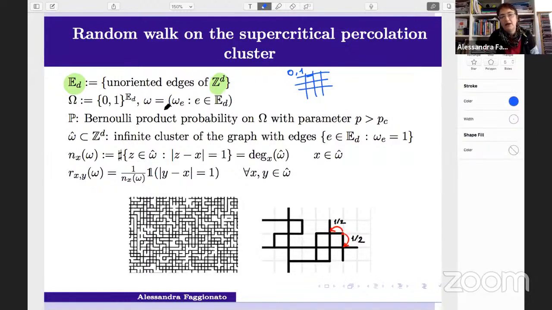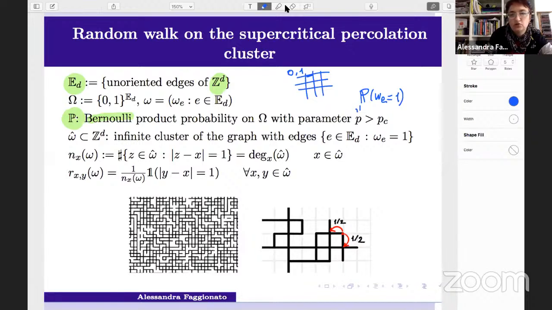The collection of these numbers is the environment omega. As a law for the environment, I can take, for example, the Bernoulli product probability with parameter p, where p is the probability that the number associated to a given edge is 1. I suppose p to be larger than the critical probability for bond percolation.